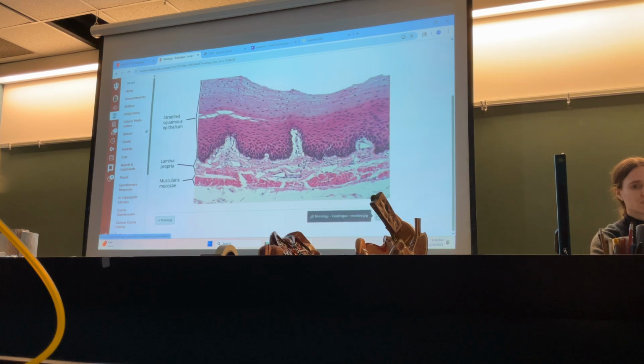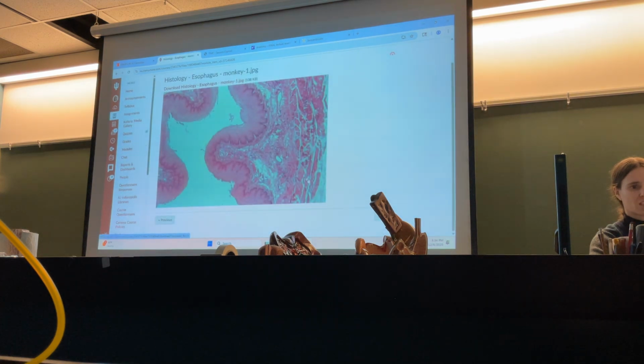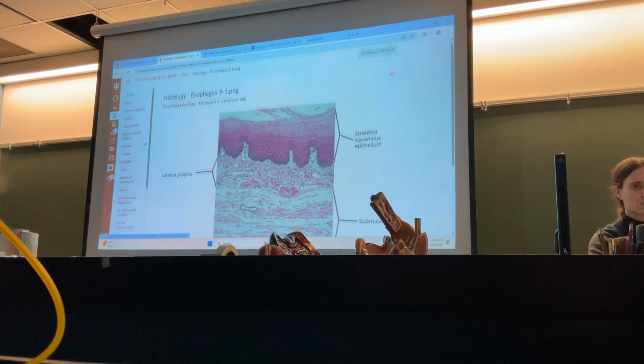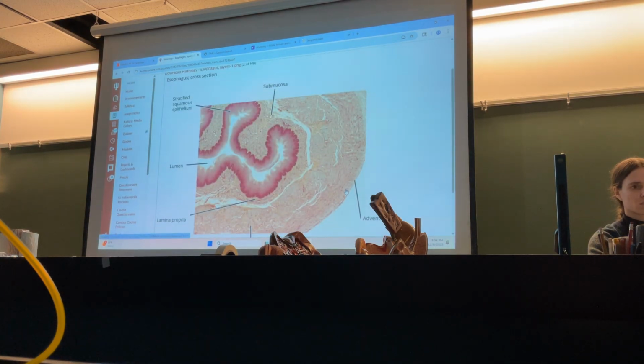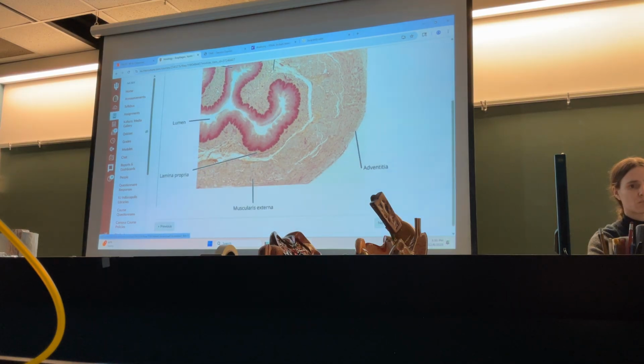Again, esophagus can be hard to see; it's not as well stained. But that is all of the epithelial tissue. Again, I would ask you what's this outer layer of the esophageal wall. That's the adventitia.